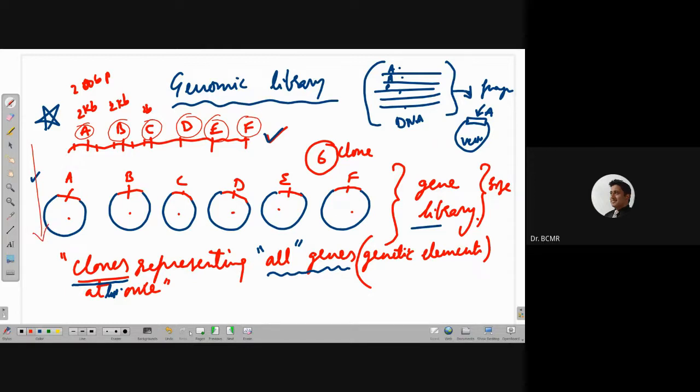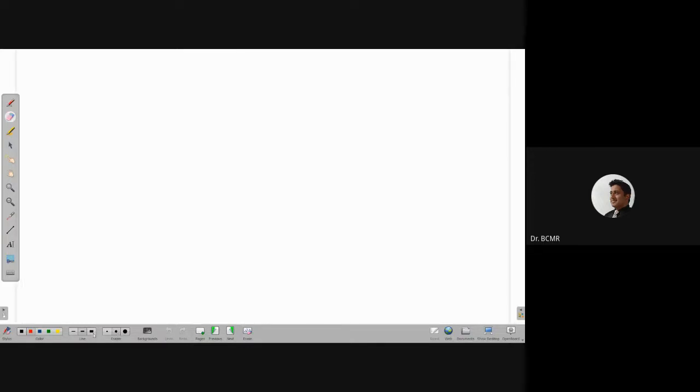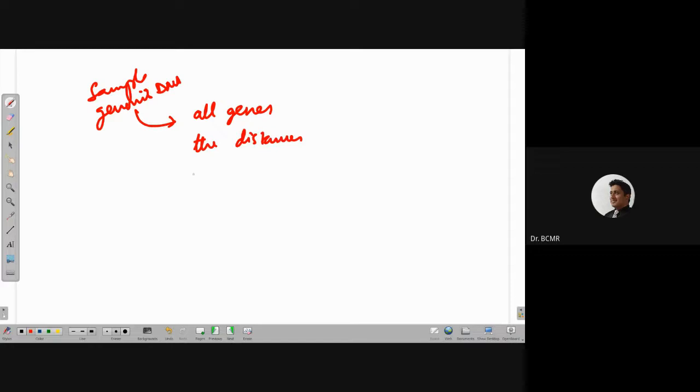We don't know anything. I give you a sample, and the sample is genomic DNA. I want you to find out all the genes, the distances, the order.